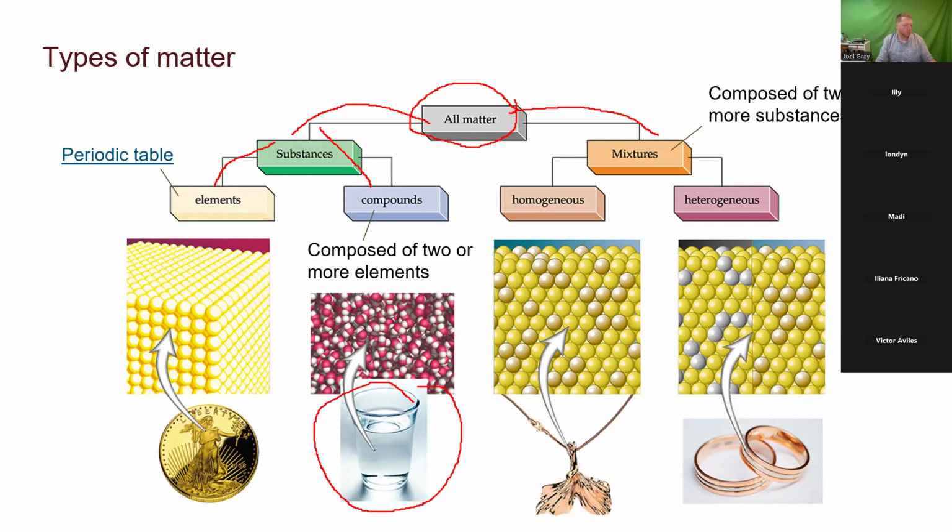So you could make a mixture of gold water. And from that mixture of gold water, you could separate out the pure gold and the compound known as water. Now, gold is a metal known as Au.